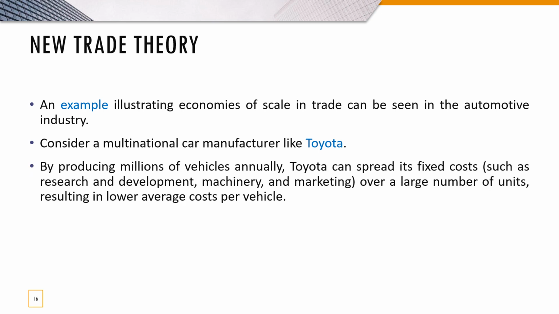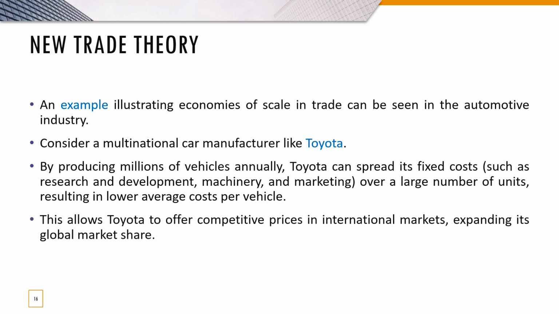By producing millions of vehicles annually, Toyota can spread its fixed costs, such as research and development, machinery, and marketing, over a large number of units, resulting in lower average costs per vehicle. This allows Toyota to offer competitive prices in international markets, expanding its global market share.